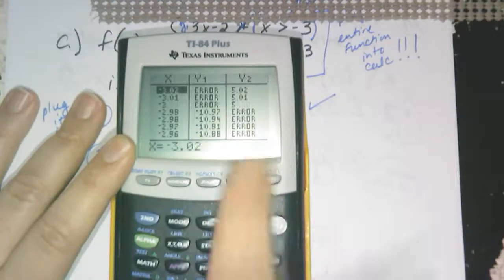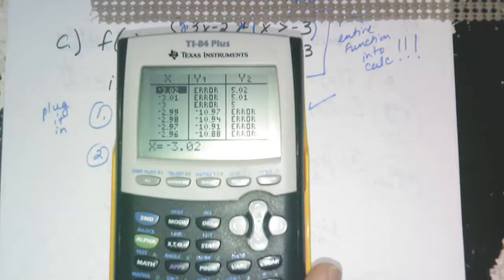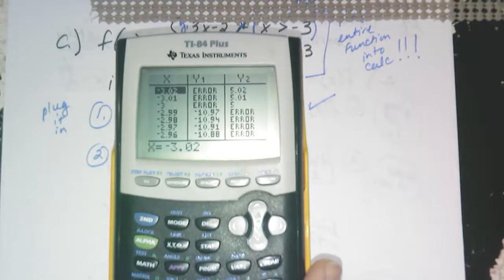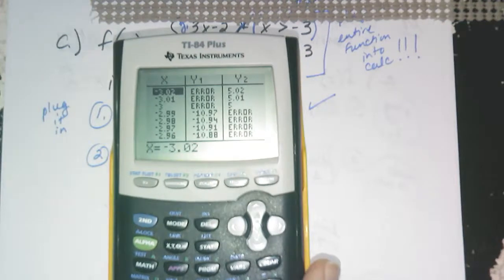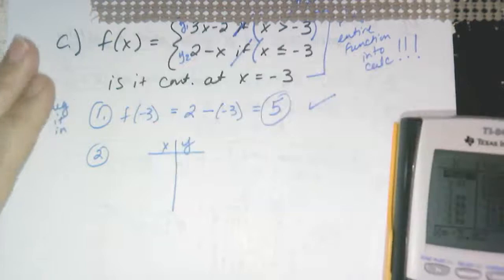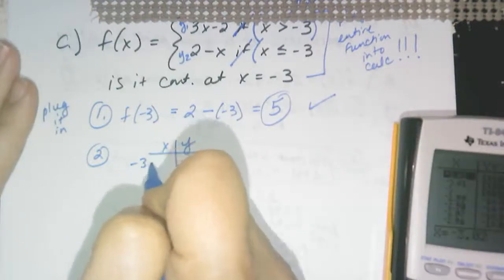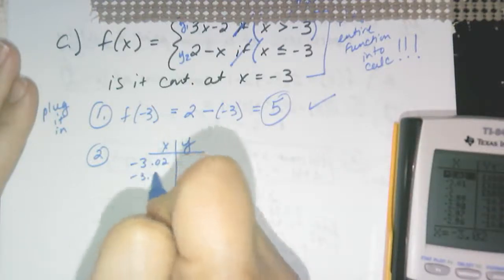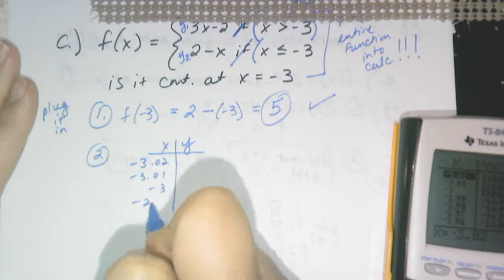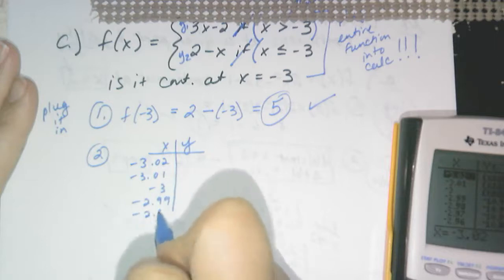Now you're going to see a lot of things like mine. You're going to see error, error, error, error. That's okay. Don't worry about that. I'll explain that in a minute. Okay? So you're going to make your table -3.02, -3.01, -3, -2.99, -2.98.